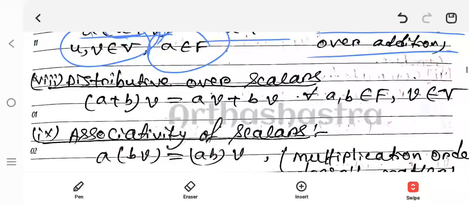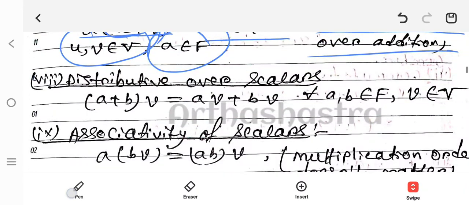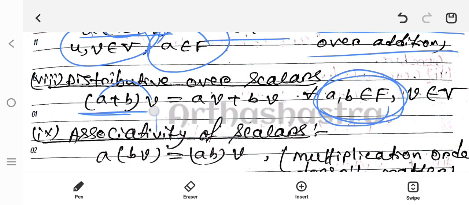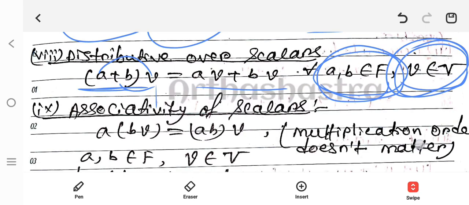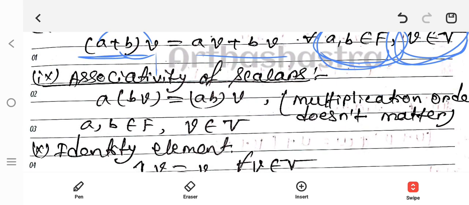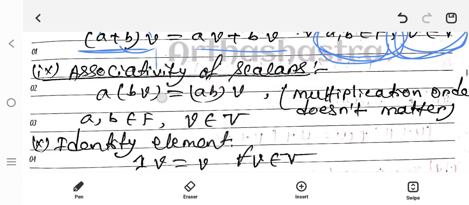And the distributive over the scalars. For the distributive of the scalars, we write a plus b, where a and b are scalars belonging to field F, multiplied with vector v gives us av plus bv, for all vectors v belonging to set V. And the associative property of scalars: a multiplied with, in brackets, b v equals ab times v.